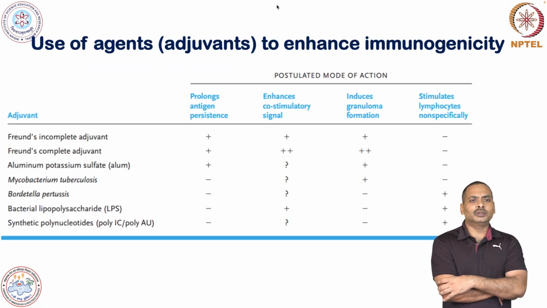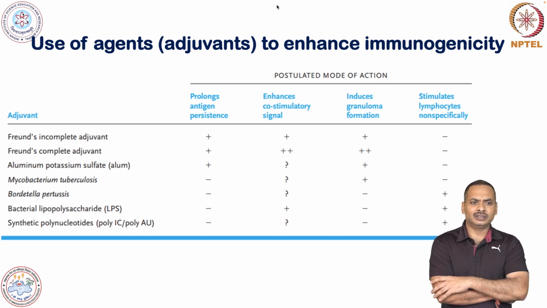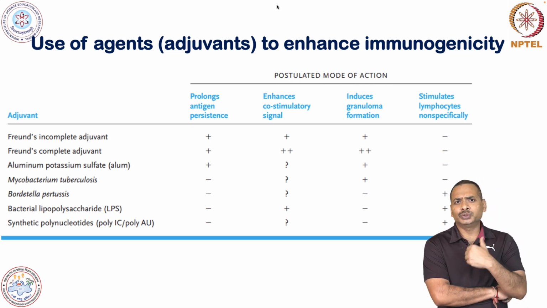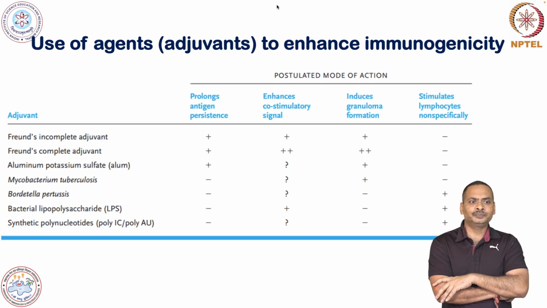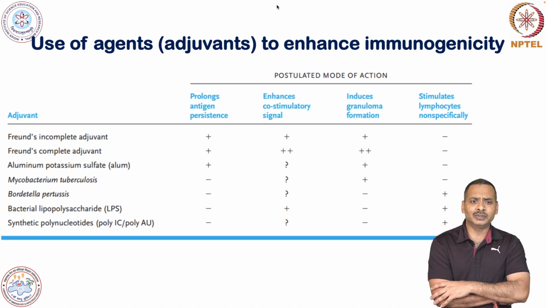So now I will talk about some of the adjuvants used in animals, and I have told you there is only one adjuvant which is used in humans. I will come to that point. Here I have already discussed Freund's incomplete adjuvant.